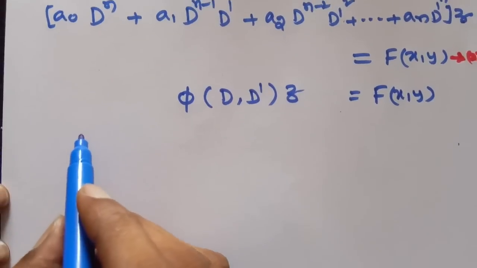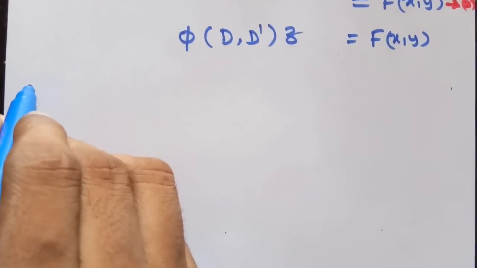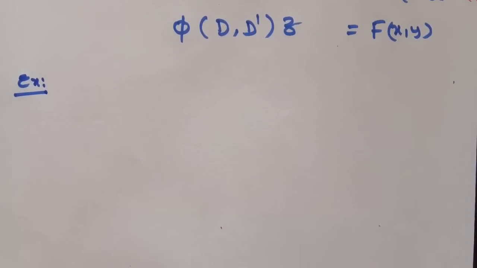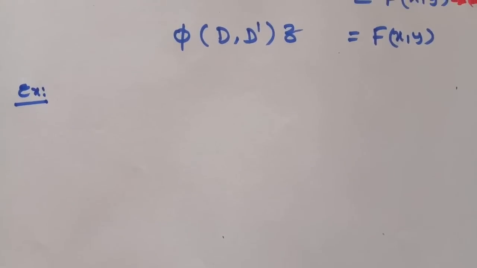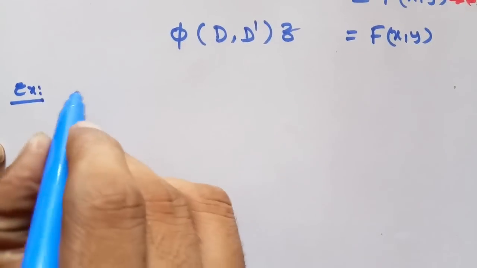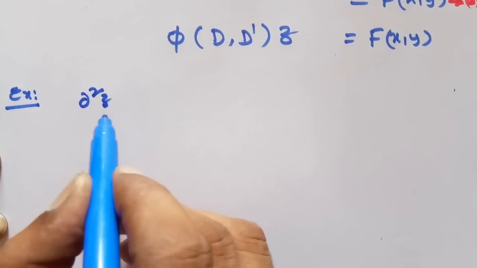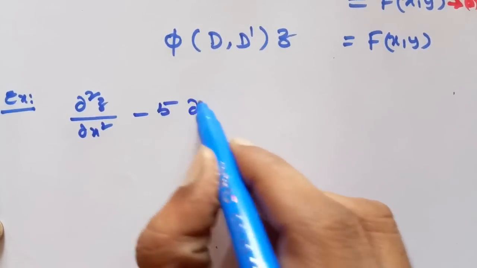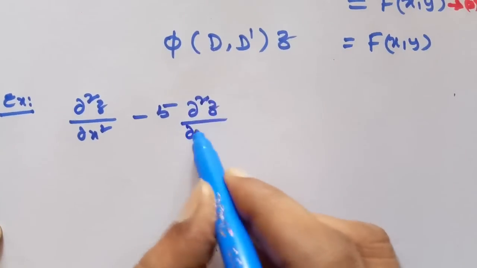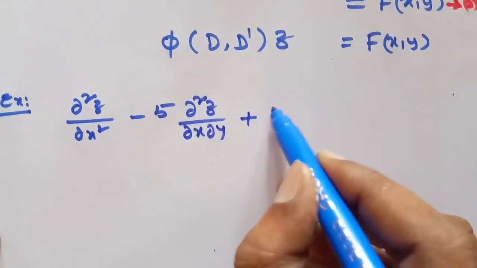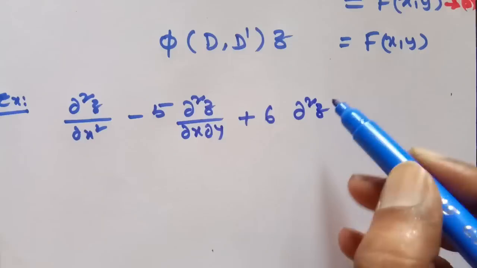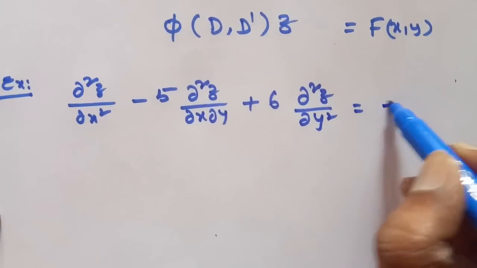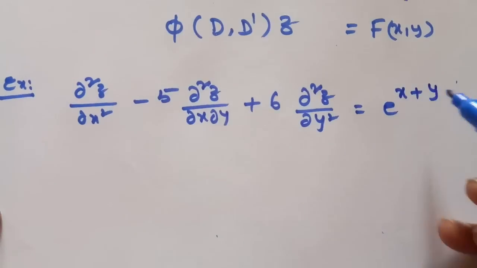Therefore, for example, the differential equation is dou square z by dou x square minus 5 into dou square z by dou x dou y plus 6 into dou square z by dou y square is equal to e power x plus y.